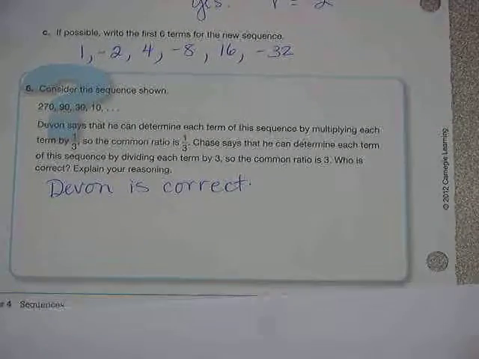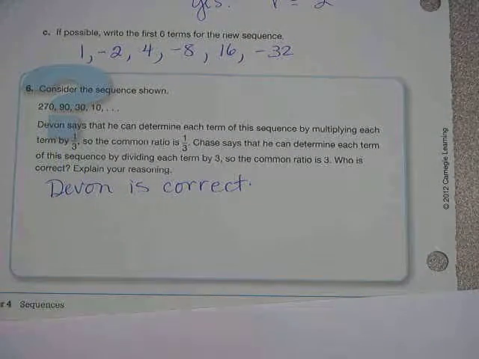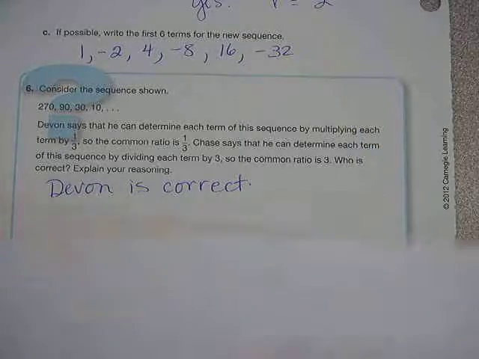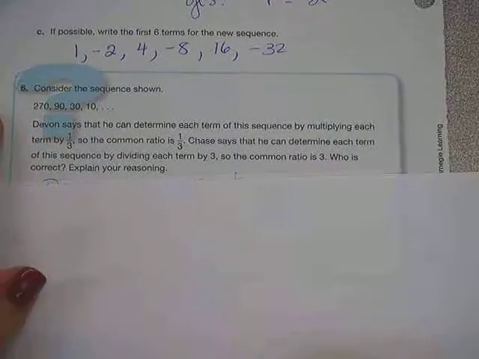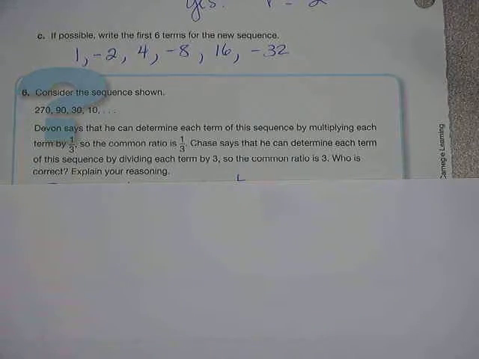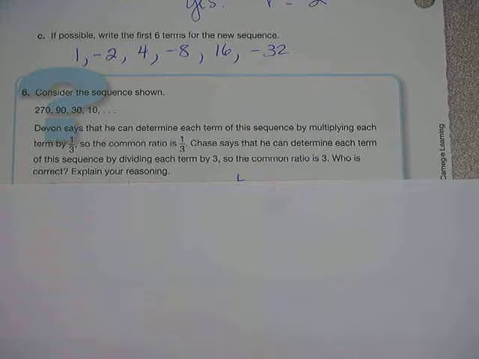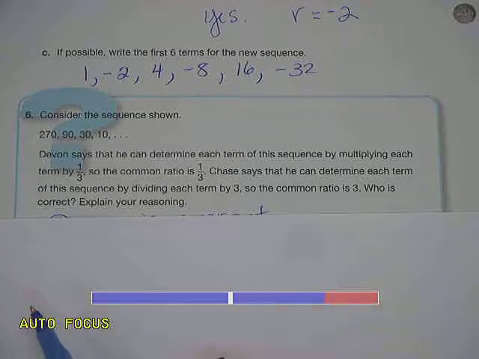Okay. All right, consider the sequence shown. Devin says that he can determine each term of this sequence by multiplying the term by 1/3. So the common ratio is 1/3. Chase says he can determine each term of the sequence by dividing each term by 3. So the common ratio is 3. Who is correct? Well, in a way, they're both correct.